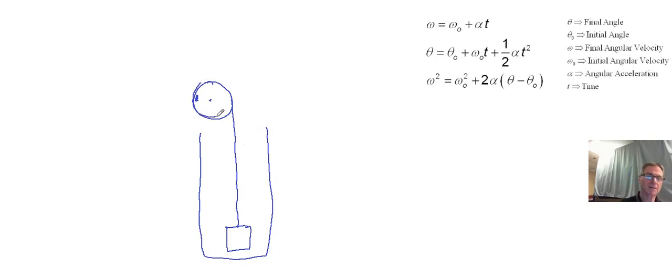Okay, so this is some kind of a circular object here. There's a handle here, and this person can turn the handle clockwise and lower the bucket down into the water. And there's rope that is wrapped around the outside circumference of the wheel there.